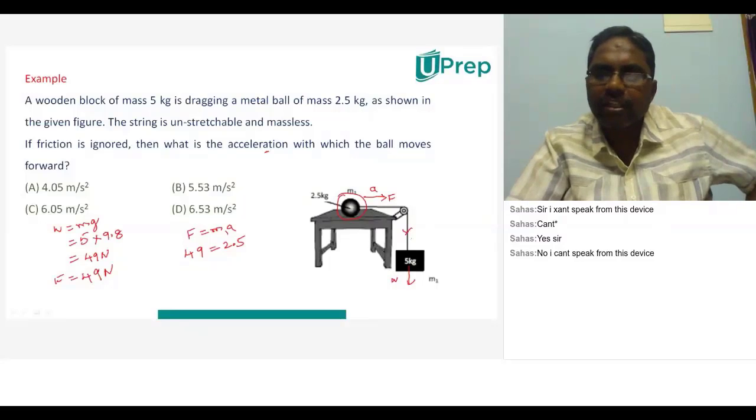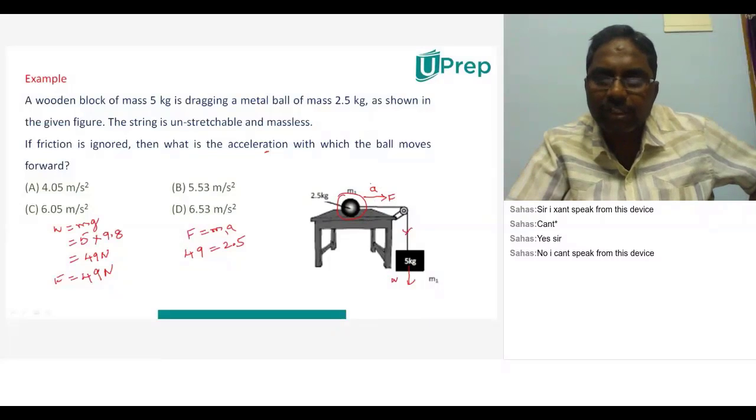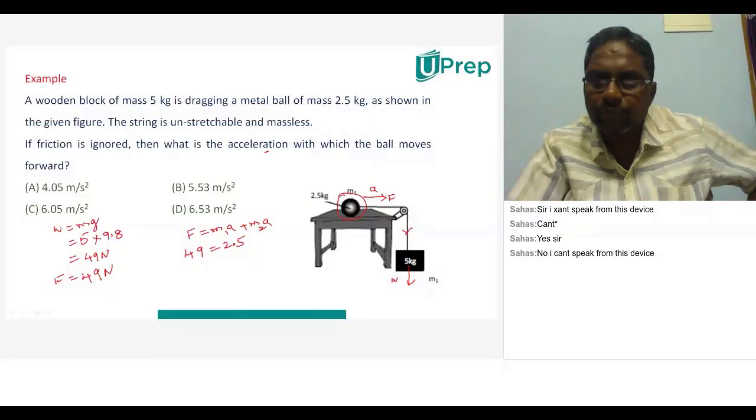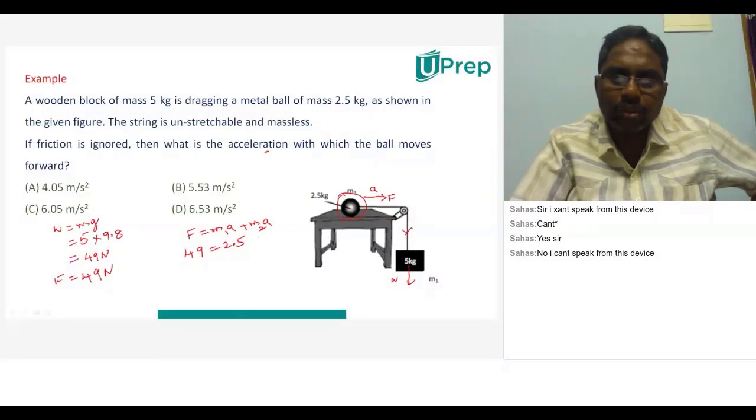As it is on the table, the weight of that object will not work here, so we are not taking the weight of the second object. With the same acceleration, the 5 kg object also will move down because of this weight. So whenever you write F is equal to m1a, you have to write m2a also.